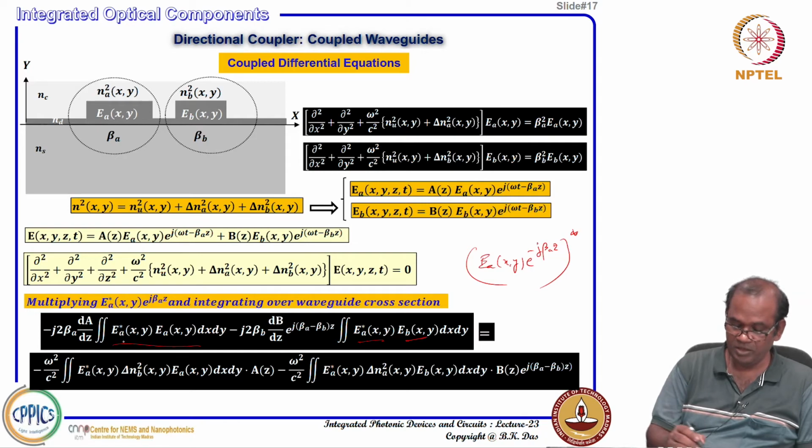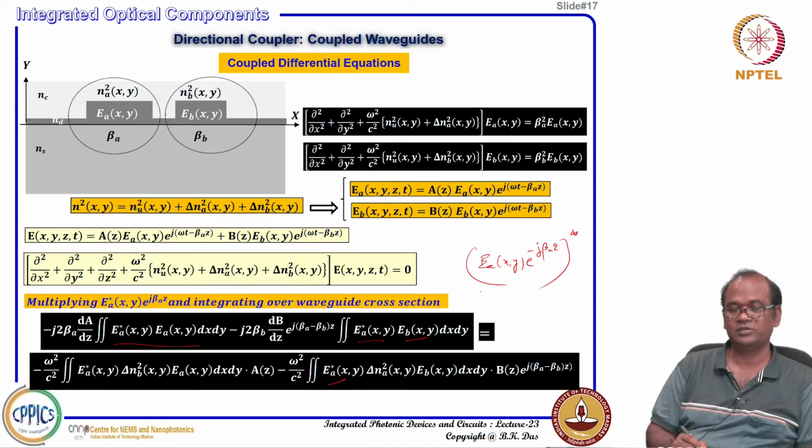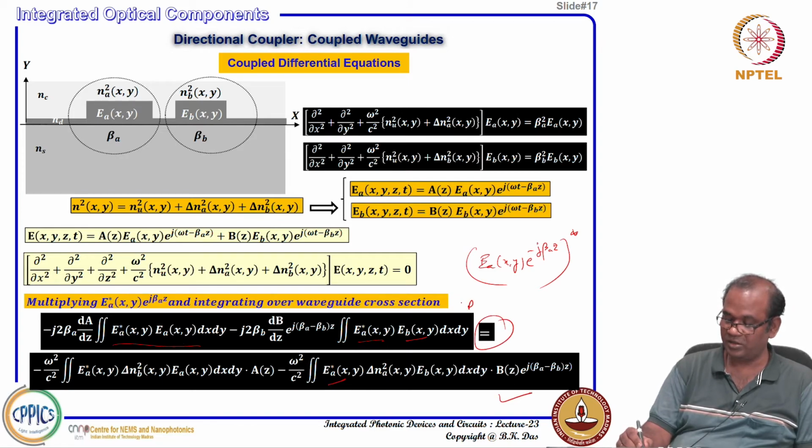On the right hand side also, E_a star you multiplied here. It is just straightforward: you multiply and integrate over the waveguide cross section, that is it. So this is your left hand side and this is your right hand side.